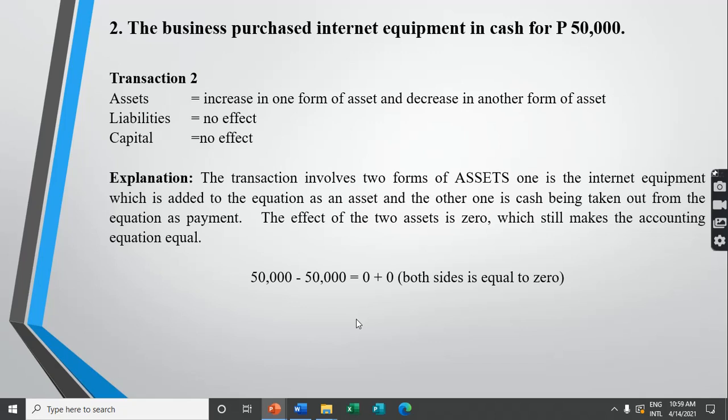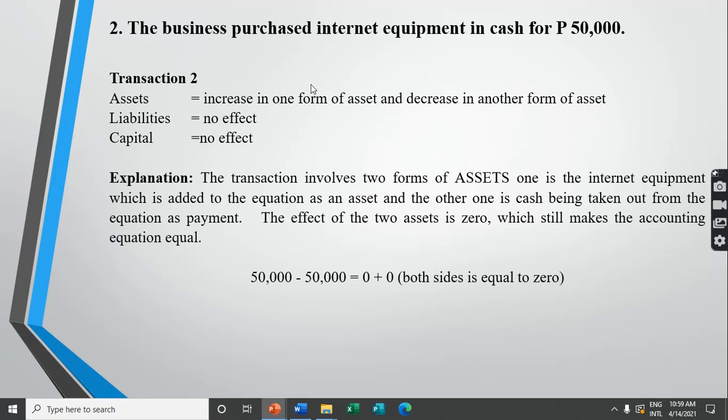Now let's go to number 2. The business purchase internet equipment in cash for 50,000. Ayan. Si business daw nag-purchase ng internet equipment for 50,000. Kinash niya. Okay?